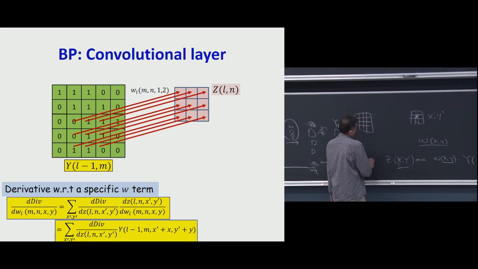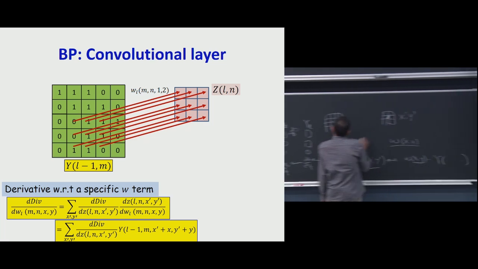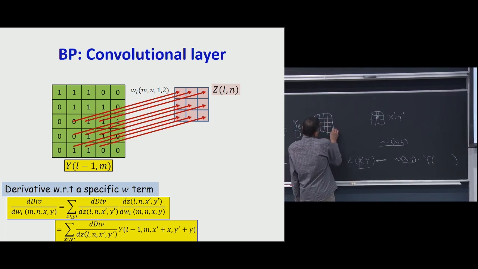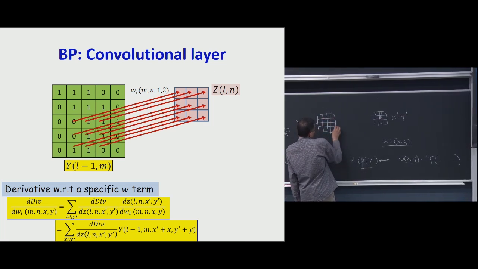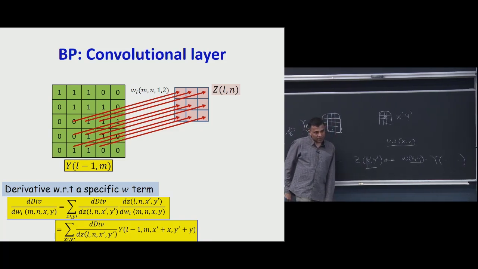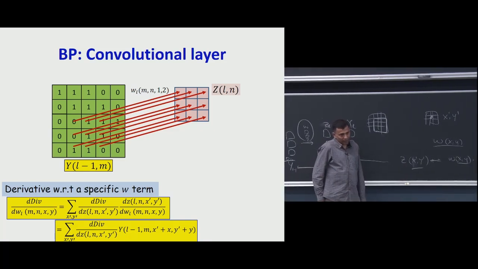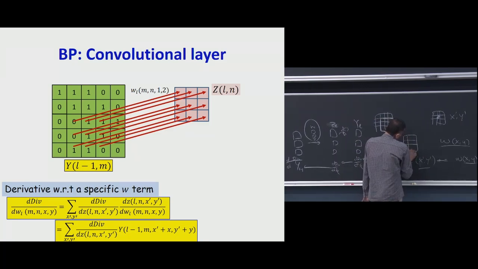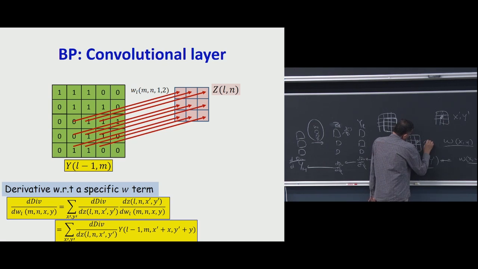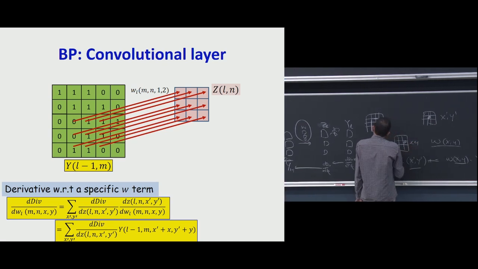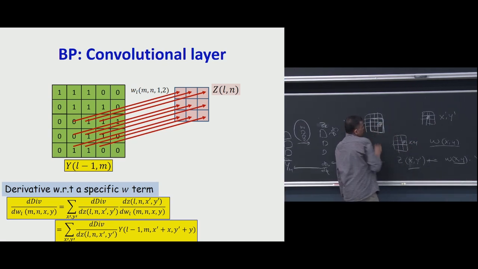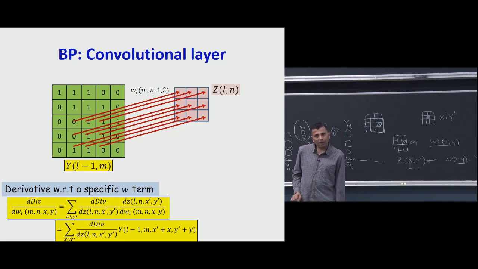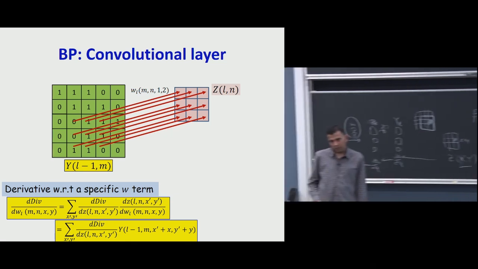That's simply going to be, so if you want to compute this one, this is how you would be positioning your weights matrix, right? And if that is how you're positioning your weights matrix, then if you are looking for some xy location in your weights matrix, you're trying to see which position in y contributed to the corresponding x prime y prime.